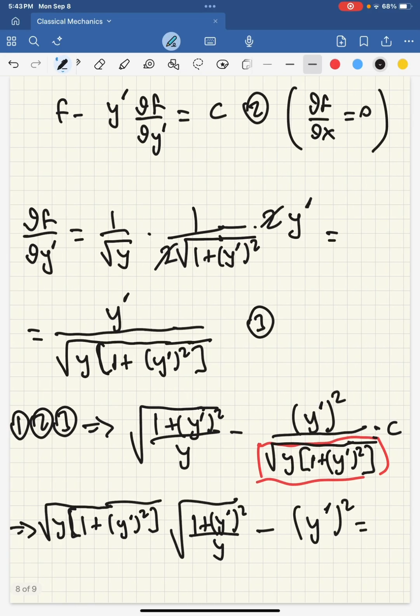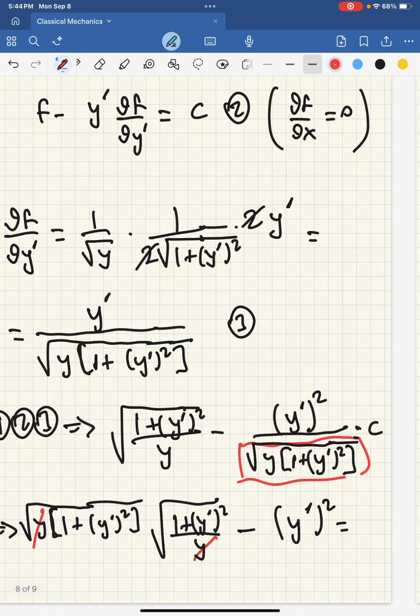Okay, we have some nice simplification here. Notice that we can cancel this, provided that y is not 0, of course, which is not. Okay, and then we have 1 plus y prime squared multiplied with itself under square root, which means that the square root is gone.